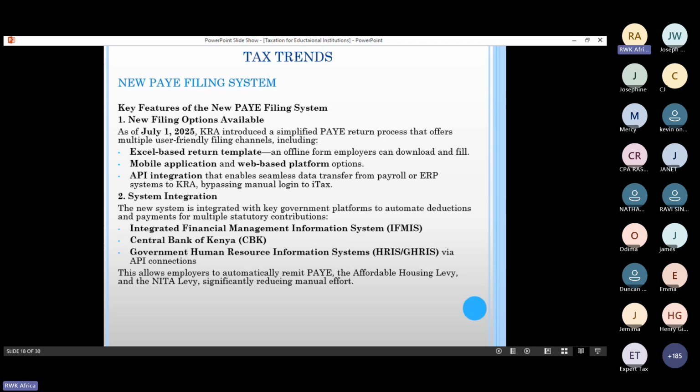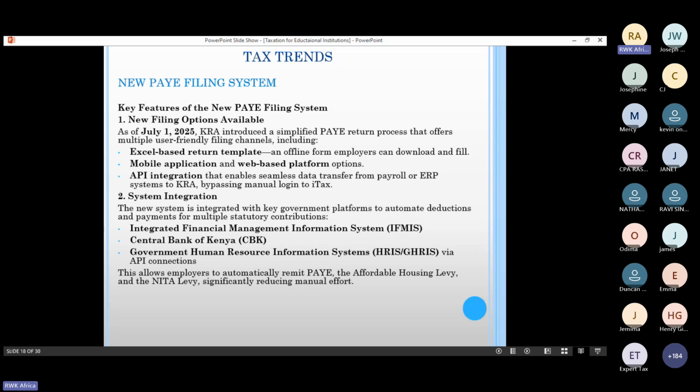So the new system has been integrated with key government platforms to automate deductions and payment for multiple statutory contributions. So we have talked about the different statutory contributions, the SHA, NSSF, housing levy. So there is that system integration with the government platforms to facilitate the deductions and the payments.